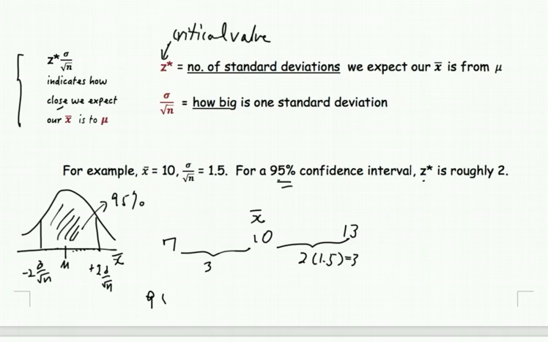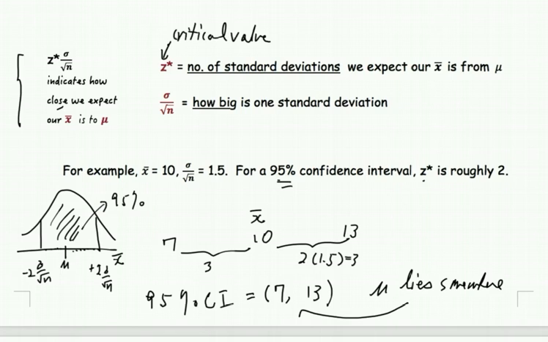So our 95% confidence interval, sometimes we use CI to represent the confidence interval. In this example, it's going to be 7 is the lower bound, 13 is the upper bound. Then we say mu lies somewhere in this interval. That means mu can be any number between 7 and 13.